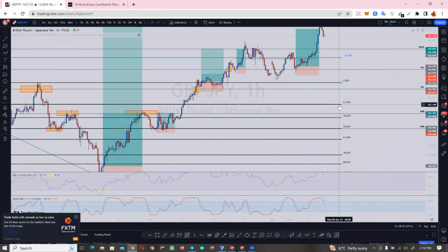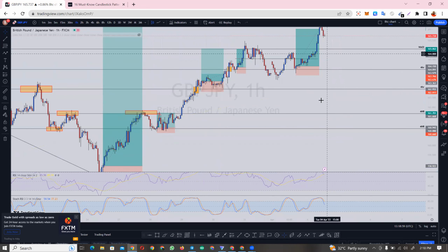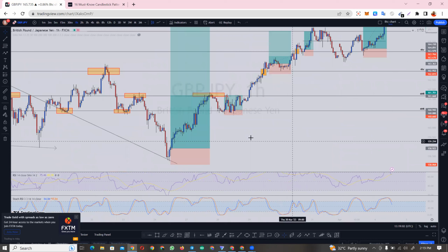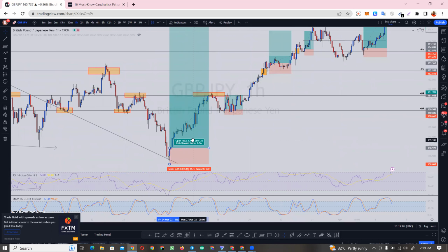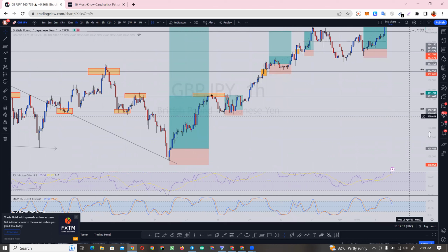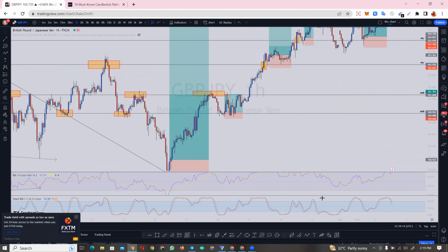Let me delete this. This is a very nice bullish candle. Okay, so let me show you examples of hammer candle.